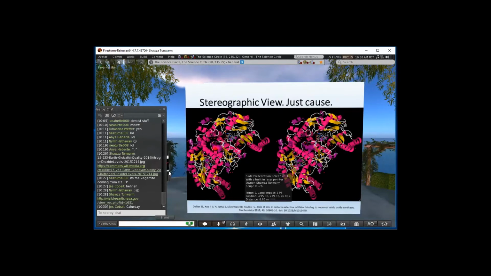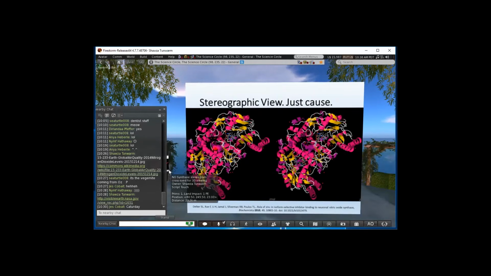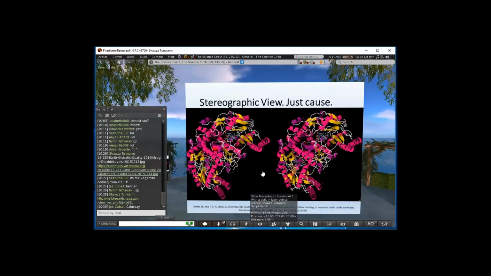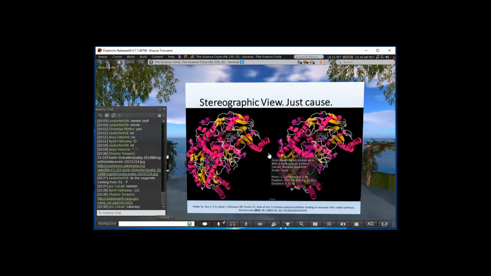I didn't have time this time to set up the billboards behind the lecture like I did last time. I think this one is the same one that we had before. So this is a cross-eyed view stereogram. One can basically position the camera right in the middle at a medium distance, cross your eyes, and eventually you should be able to focus and see this in 3D.